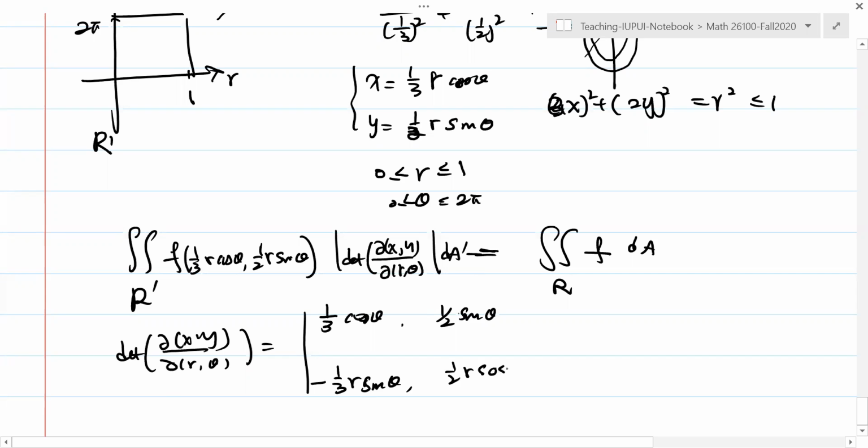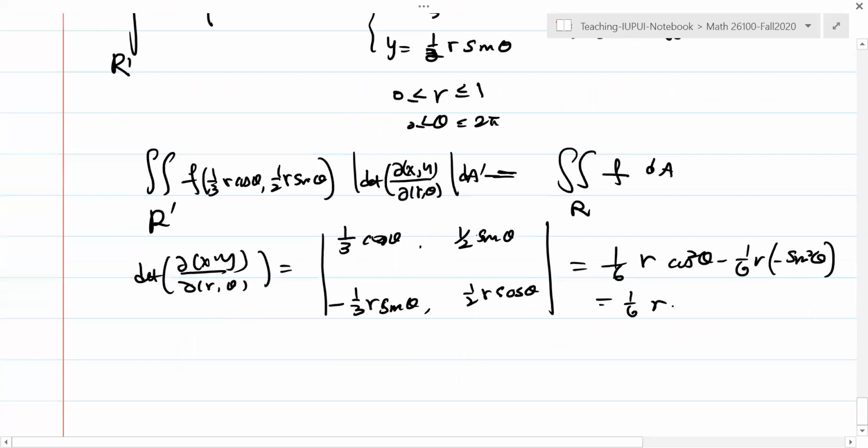When you multiply this out, the common factor is 1/6 r cosine squared theta, minus the negative 1/6 r sine squared theta. So add them together, just 1/6 r.